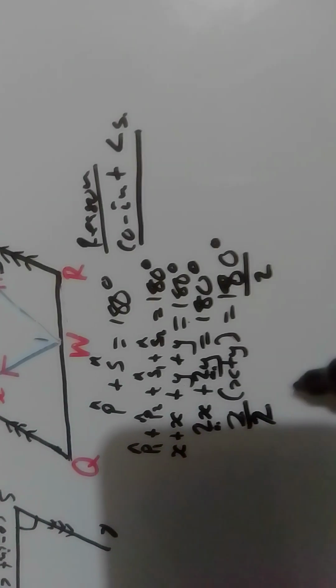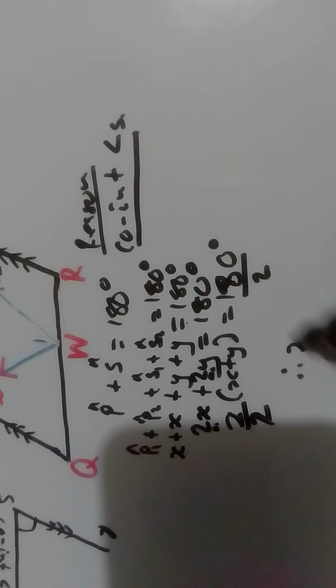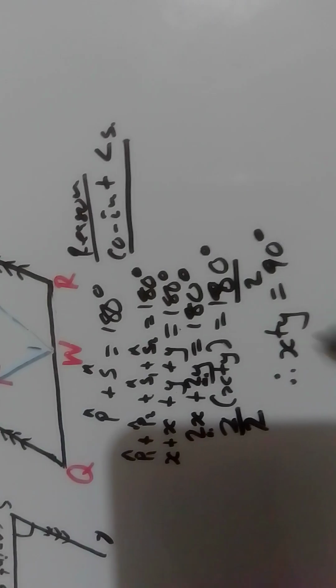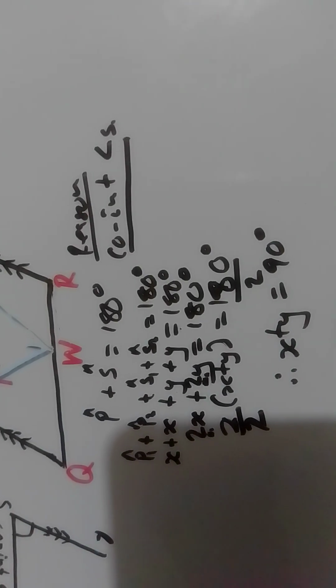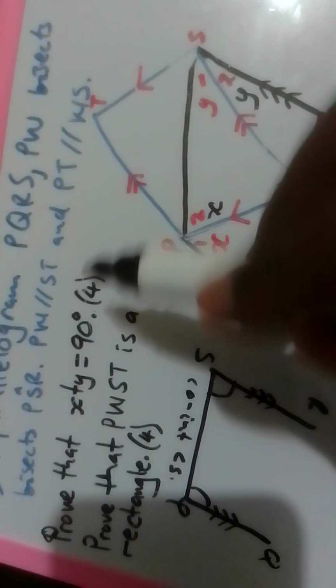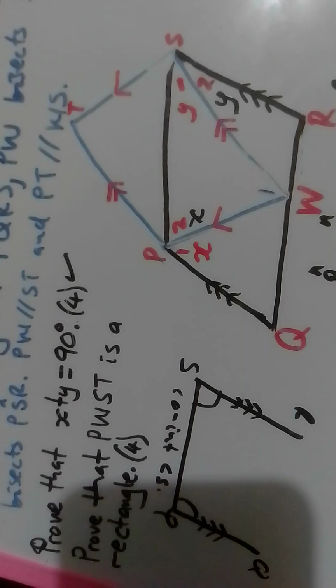So here I can conclude that therefore X plus Y is equal to, and 180 divided by 2 gives me 90 degrees. So X plus Y is equal to 90 degrees. I have proven it, and I'm done. The question had 4 marks, which means that I get my 4 marks.